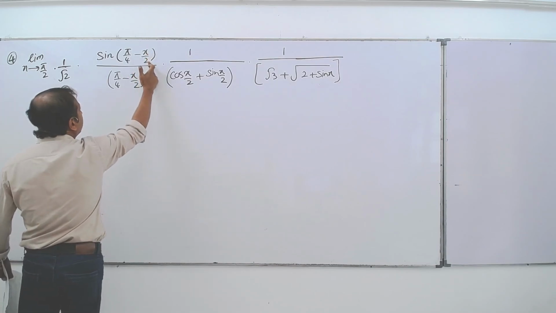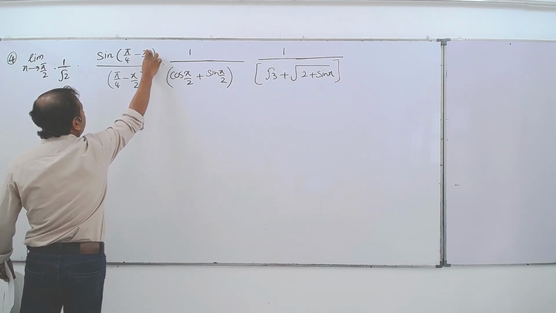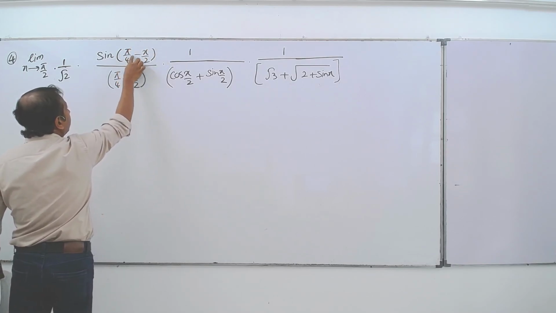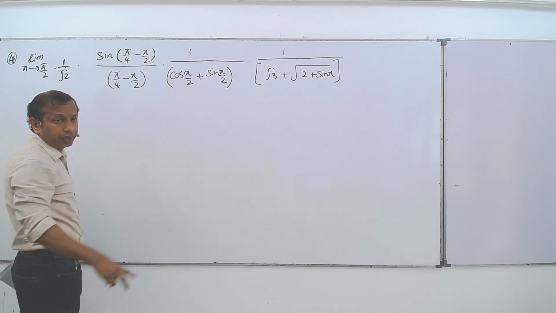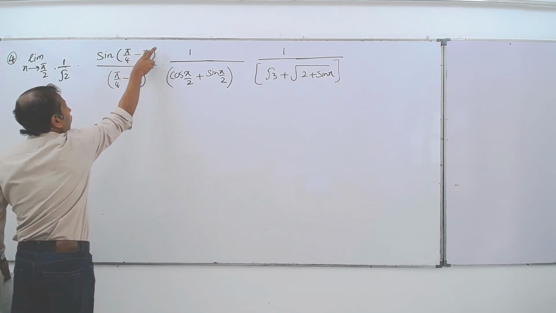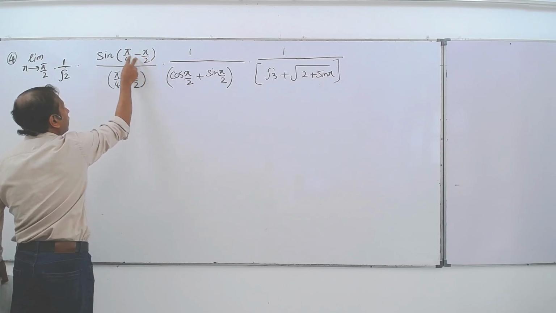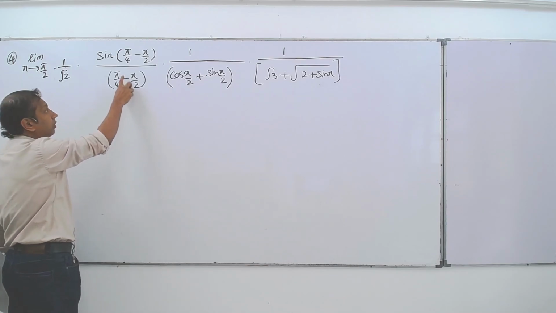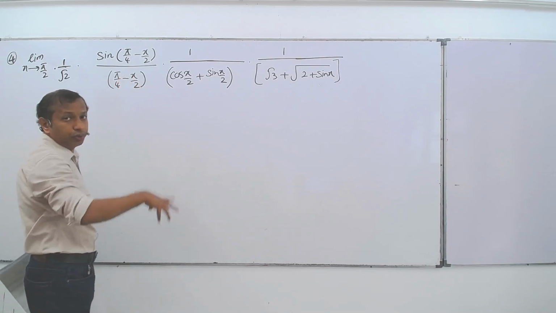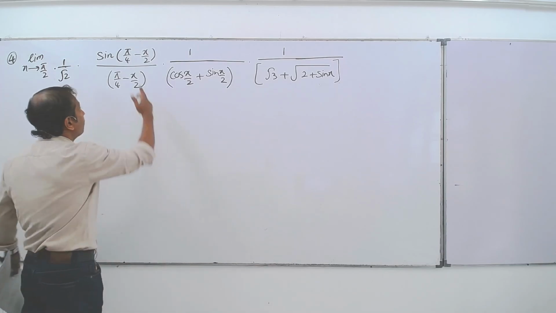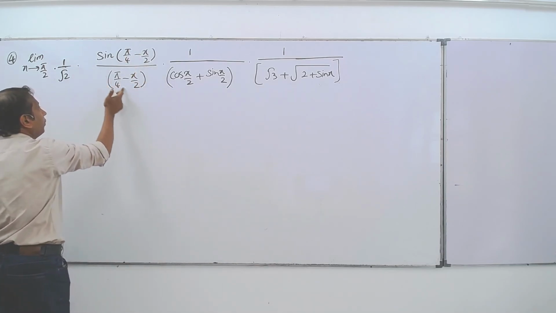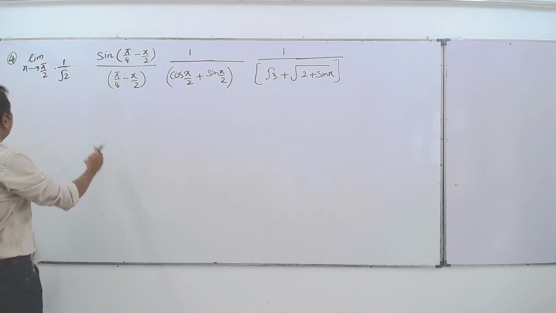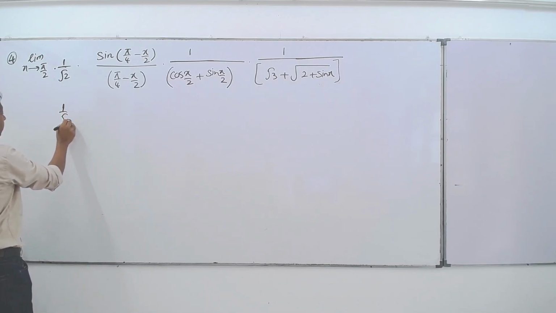Then x divided by 2, this value gradually comes into this pi by 4. Then this difference will be 0. If you take this pi by 4 minus x by 2 angle as theta, here we have sin theta divided by theta. But pi by 4 minus x by 2 going to 0 means sin theta by theta as theta going to 0. This is therefore 1. Right? So therefore here we have 1 over root 2.